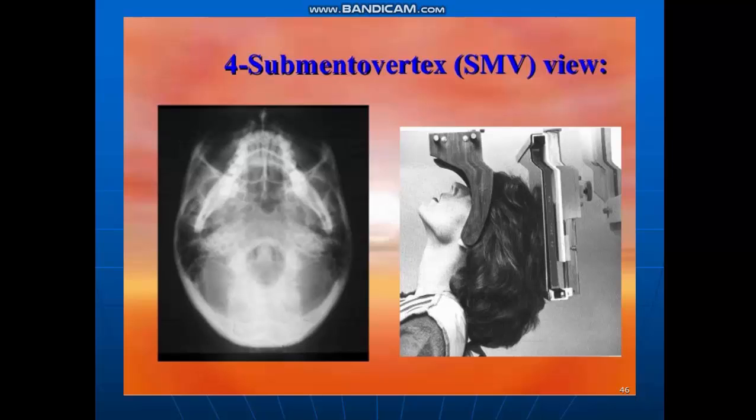Another type of extraoral radiography is the submental vertex view. This position shows the base of the skull, sphenoidal sinus and facial skeleton from below.